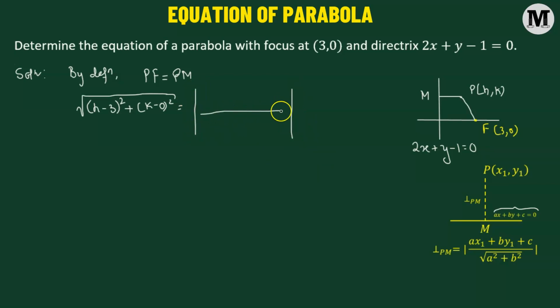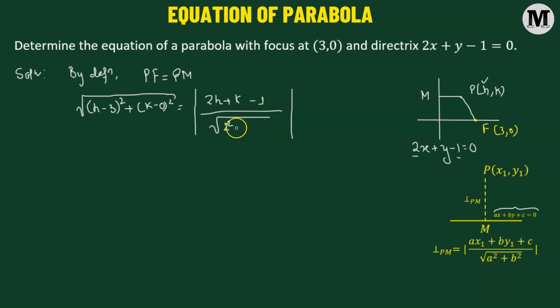So here we have to start with the coefficient of x of the straight line. That's 2. So 2 will get multiplied with the x coordinate of point P, giving us 2h. We add it to the coefficient of y, that's 1. 1 gets multiplied to the y coordinate k, so that's simply k. And then we have the constant term added to it, which is -1. Divided by the square root of the sum of the squares of the coefficients of the straight line.